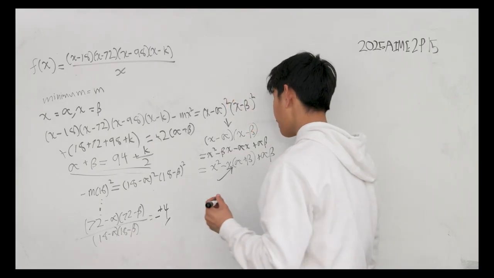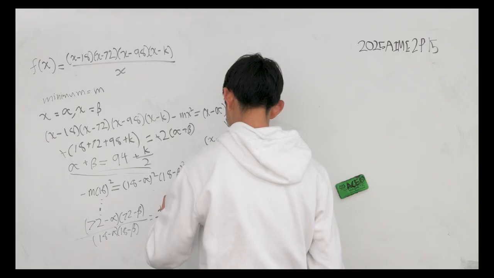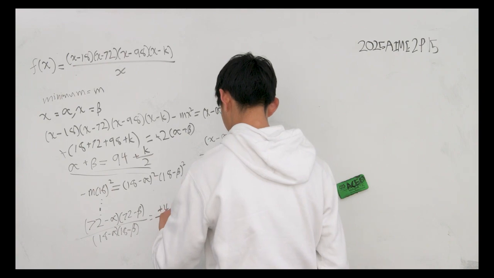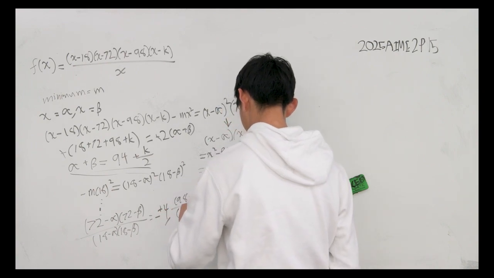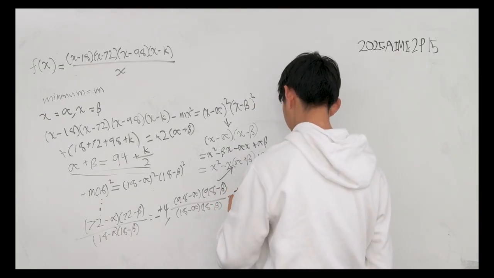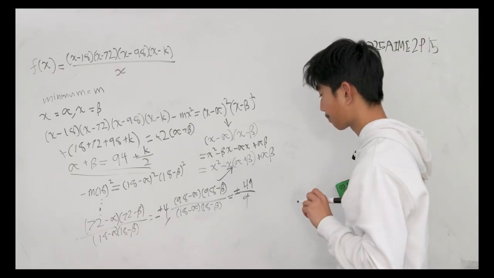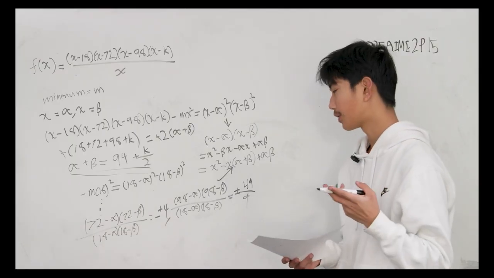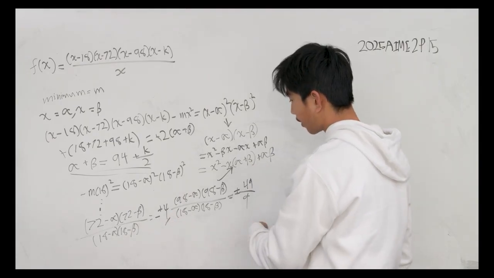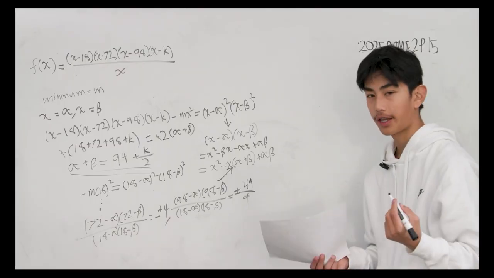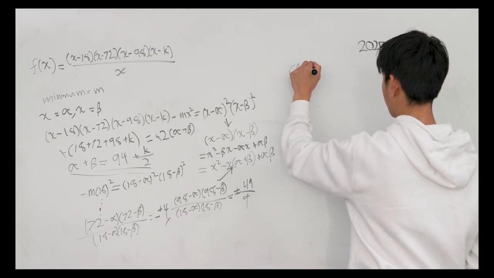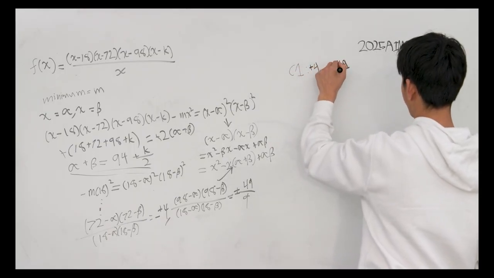Again, we can repeat this process to get (98 - alpha)(98 - beta) over (18 - alpha)(18 - beta) is plus or minus 49 over 9, by using these equations. Then we have 4 cases, because there's 2 cases here, positive or negative, and positive or negative. So we can just consider the first case, case 1, where we have positive 4 and positive 49 over 9.